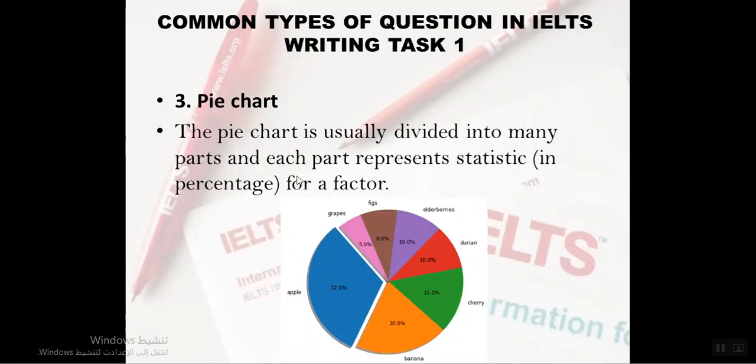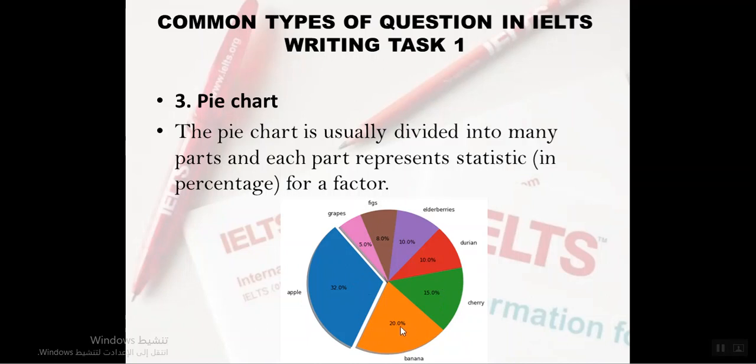Type number 3 is the pie chart. The pie chart is usually divided into many parts, and each part represents a statistic in percentage for a factor. Here, for example, I don't know what the question was, but we have many factors: banana, cherry, durian, in different colors.